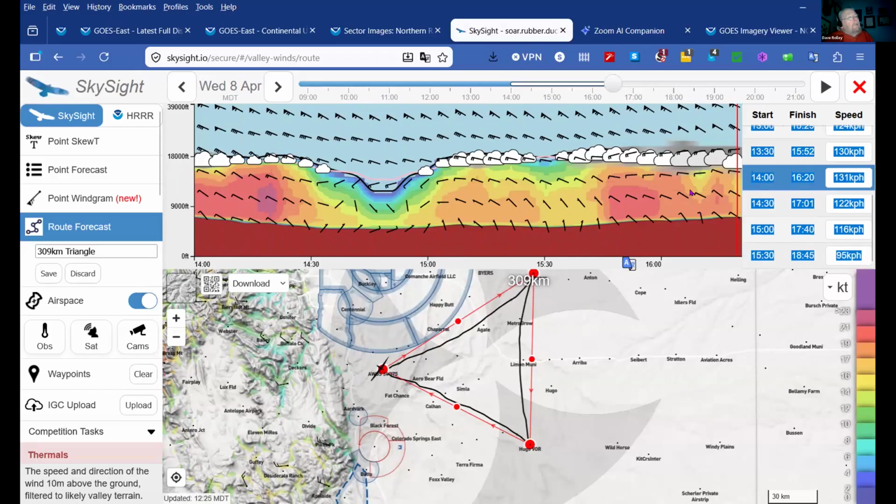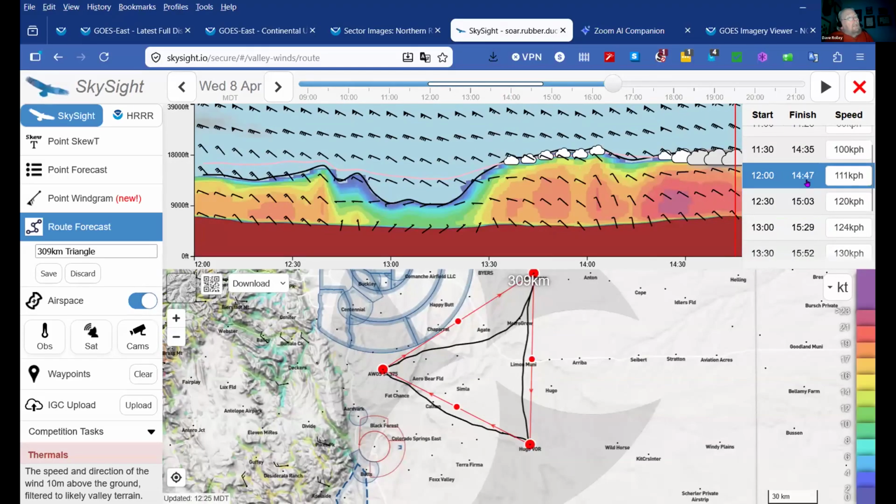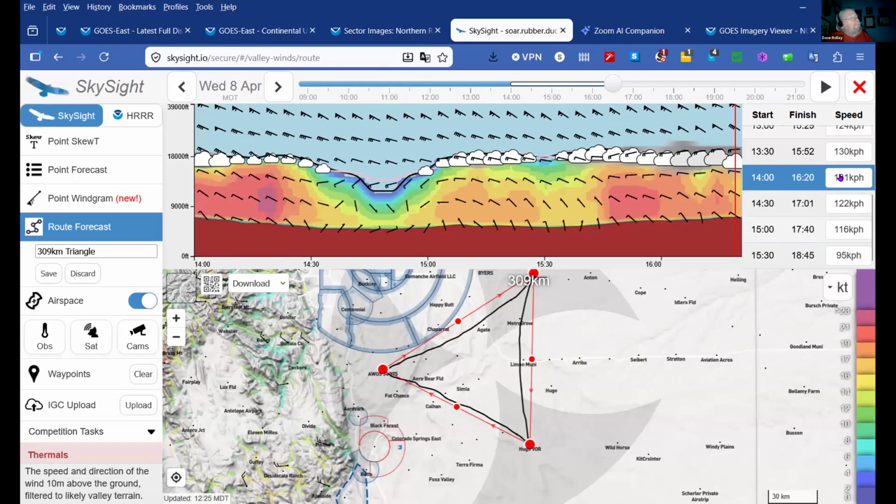And so I can go down this list of stuff over here and say, all right, this starts at 11:30 and finishes at 4:30, and I fly at 100 kilometers an hour. Let's go down this list and find the fastest time in the list.